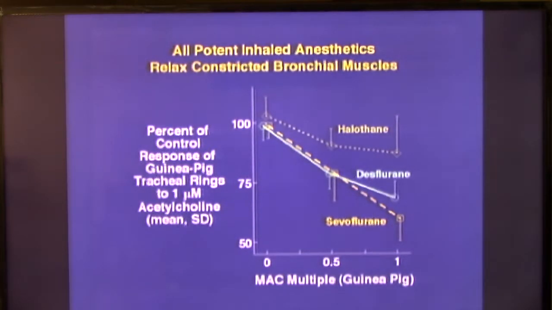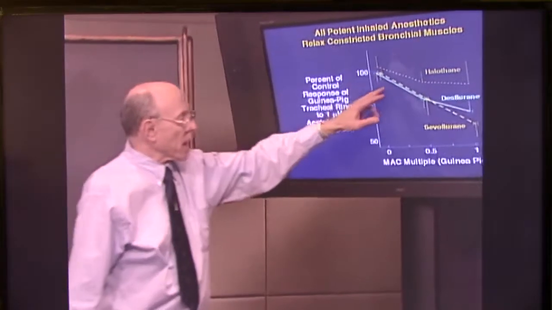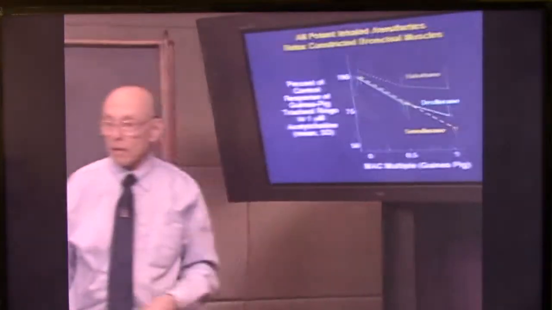So you give acetylcholine to a guinea pig tracheal ring and it constricts, and we give that a value of 100%. Then you add halothane or desflurane or sevoflurane, and the ring dilates, despite the continued presence of the acetylcholine, which would tend to cause constriction.